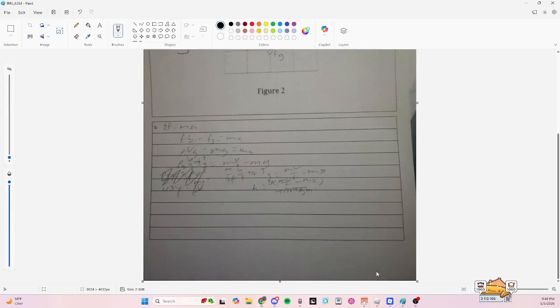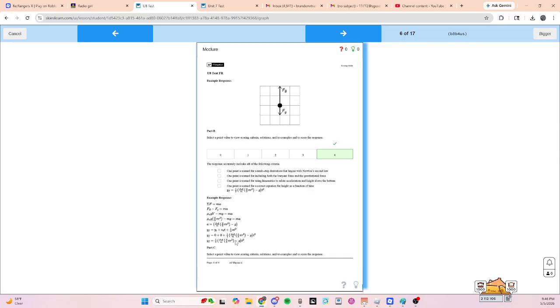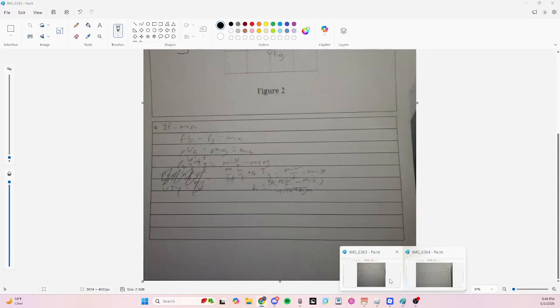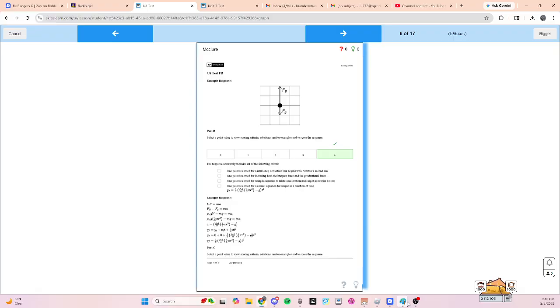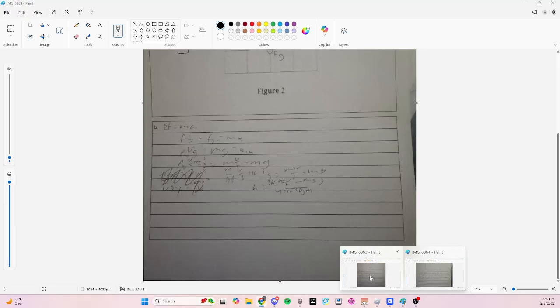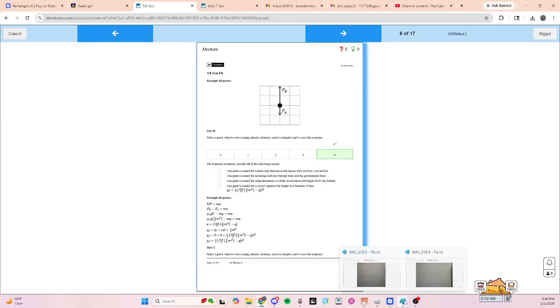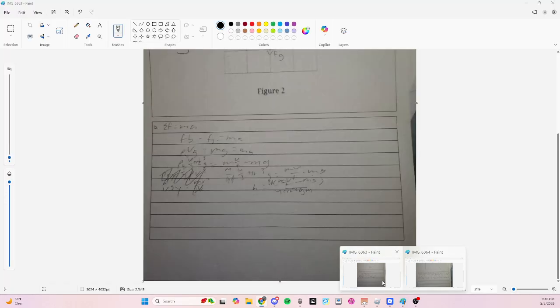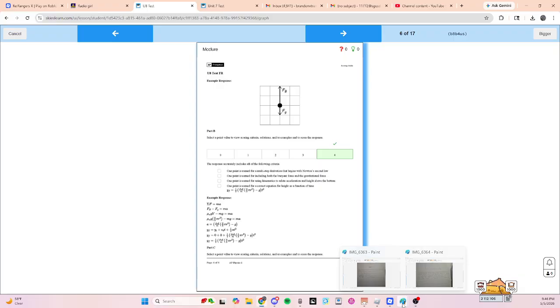Wait, F_B minus mg equals ma. So I got up to minus mg, so that's right.